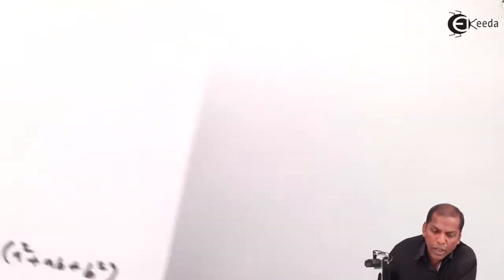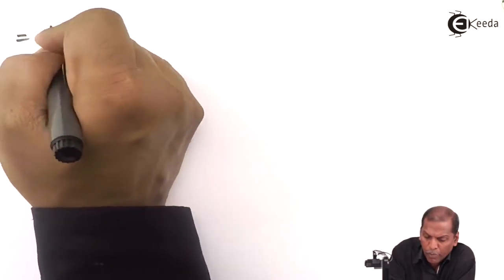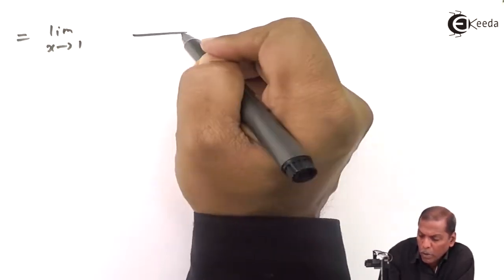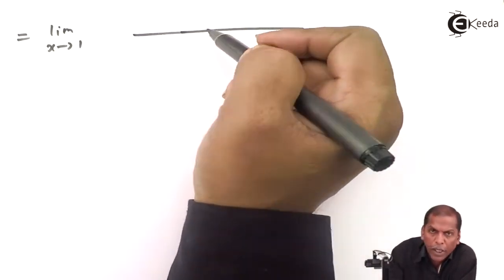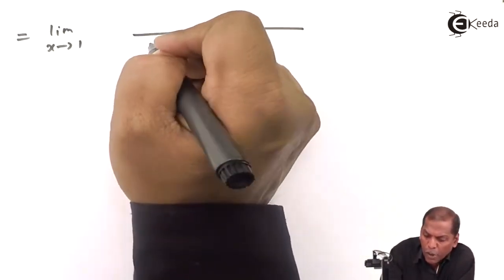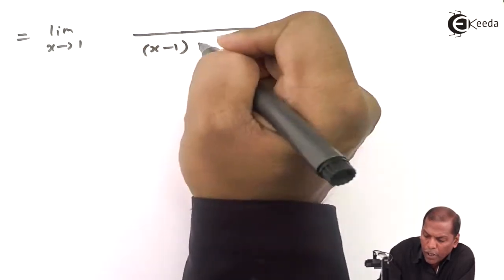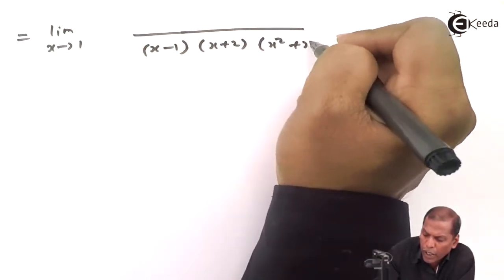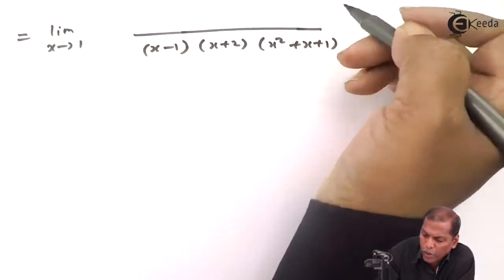Now here we take the LCM of the different terms present in the denominator. The different terms are x minus 1, x plus 2 and x square plus x plus 1.